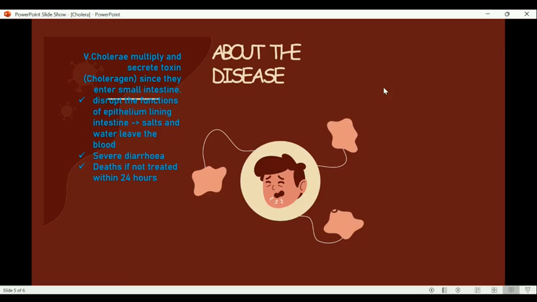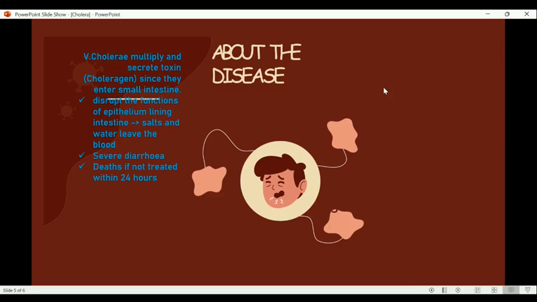Once there, they secrete a toxin called choleragen. The choleragen disrupts the functions of the epithelium lining of the intestine, which leads to a loss of salt and water from the blood, causing severe diarrhea. If those people lose too many fluids and cannot be treated in 24 hours, they will die for sure.